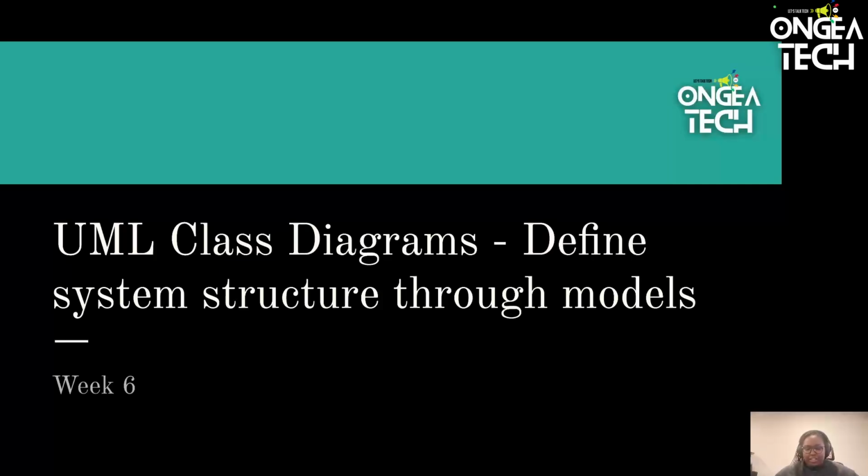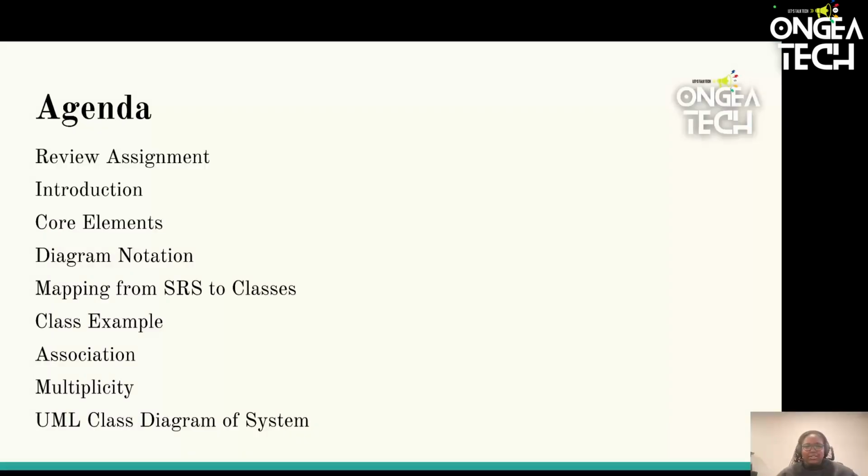I know this is more theoretical. If you were going through a computer science class, there's a very high chance that you will go through this. We will cover a brief introduction, talk about the core elements, and look at diagram notation for UML diagrams, and then see how we can map what is in this SRS to UML class diagrams.